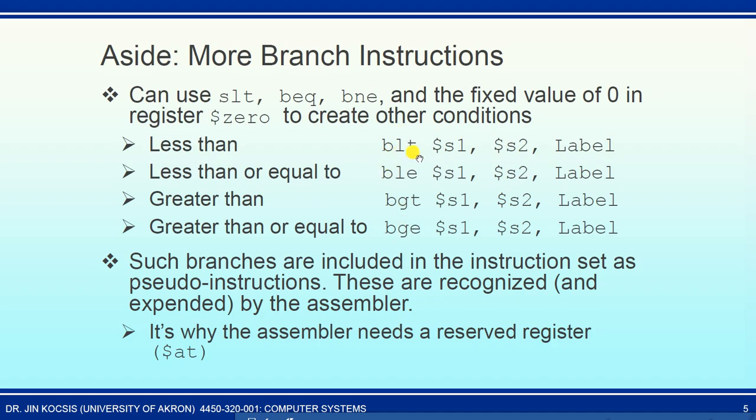Let me explain one more time. Those conditional decisions are much more complex compared with branch if equal or branch if not equal. In order to finish those comparisons, deciding whether to do the control transfer to the instruction with the label takes much longer than implementing branch if equal or branch if not equal.